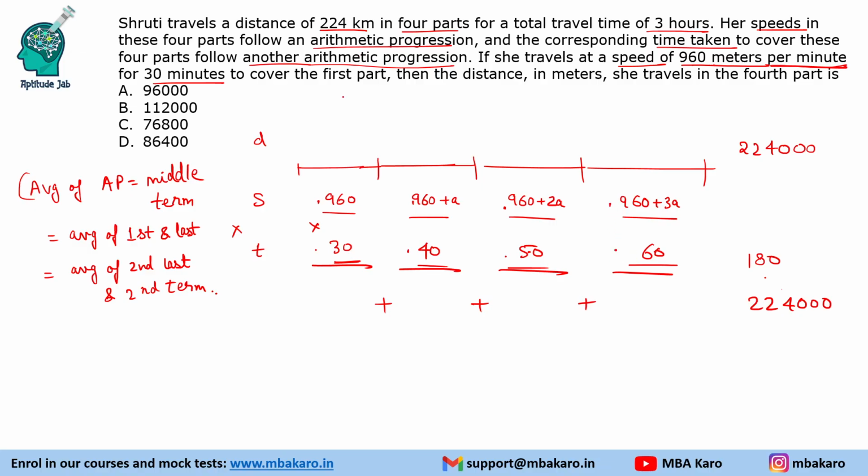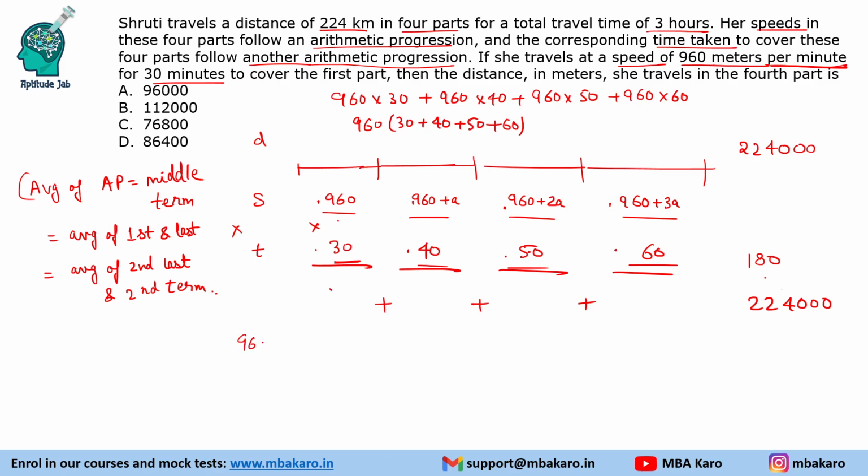We used to do this in school; those are basic concepts which were taught. Unfortunately, people solve them separately and take time. So we will take 960 common and add 30 plus 40 plus 50 plus 60. No need to write, I'm just writing to explain. So no need to multiply individually.